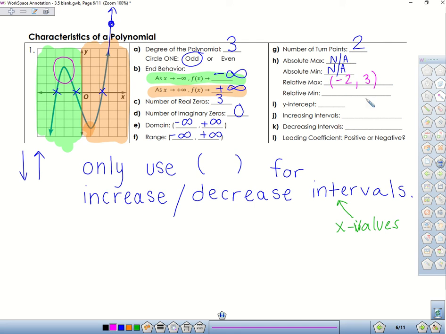So I do want to go into a little more depth about what relative maximum is and how to interpret it, because I've seen a lot of math questions where they are asking you this, but in a little bit of a different way. A question may be phrased like this: at what value does the relative maximum occur? When they ask you that, they want to know where it occurs.